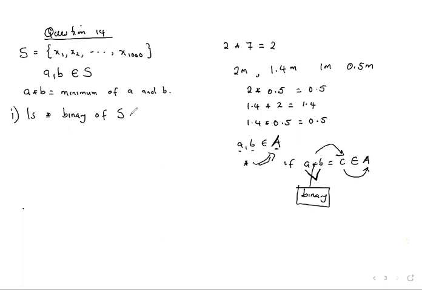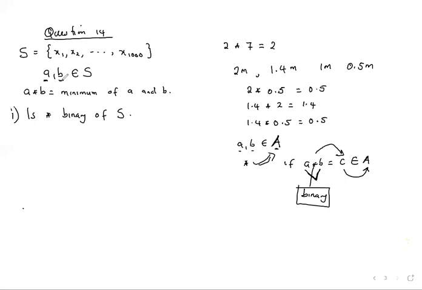A is coming from S, B is coming from S, where A and B are heights of the 1,000 students. Suppose x1 is 2 meters, x2 is 1.4, x3 is 1.6, x5 is 1.2, x6 is 1.1.